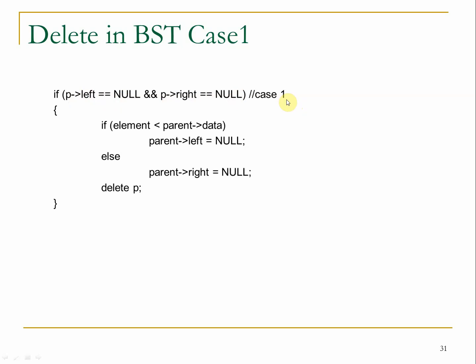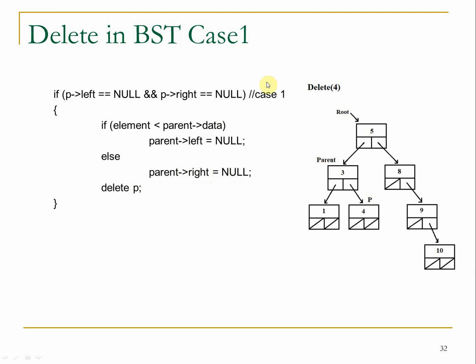When that is happening, all we need to do is simply go back to the parent, finding out whether this is the left child or the right child, and we just say the left child is null if the element is less than parent's data. Otherwise, we just say parent's right side equal to null, so that we close the node that we want to delete. And basically, free the space as the last step that we need to do. This is our case 1 scenario.